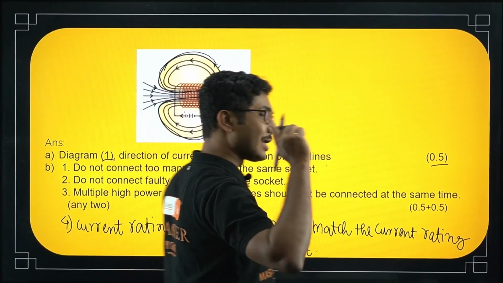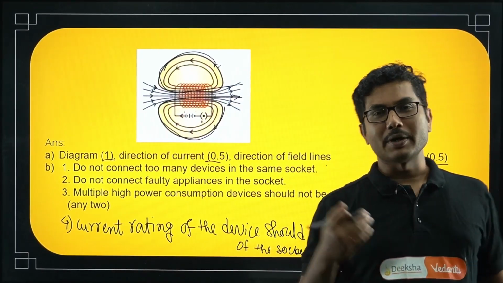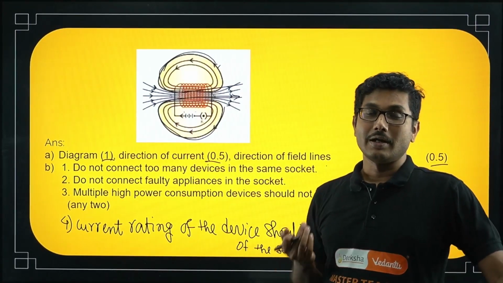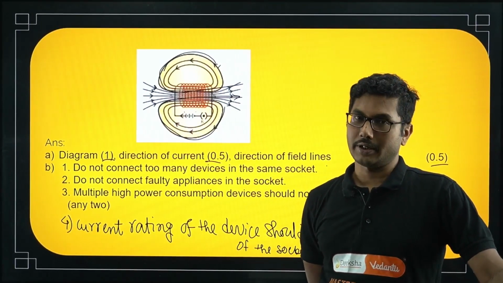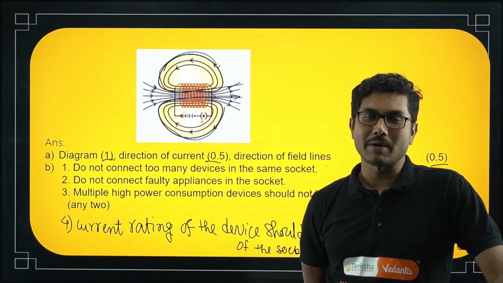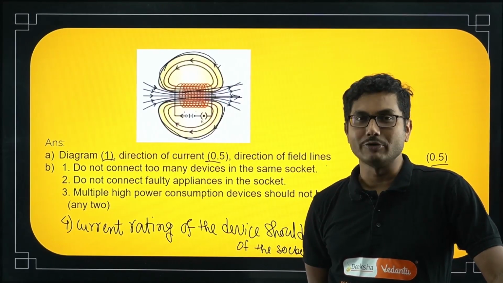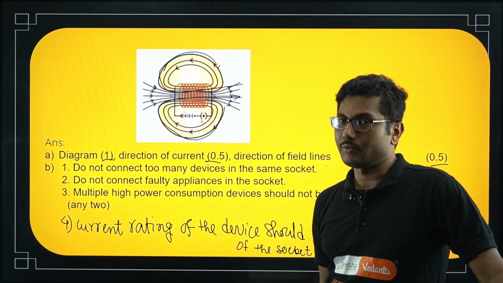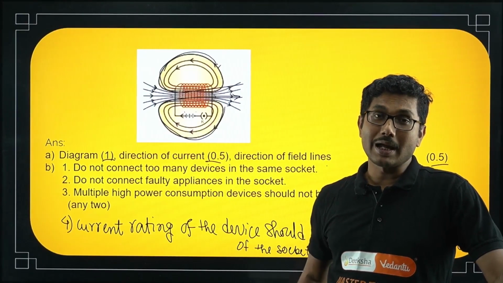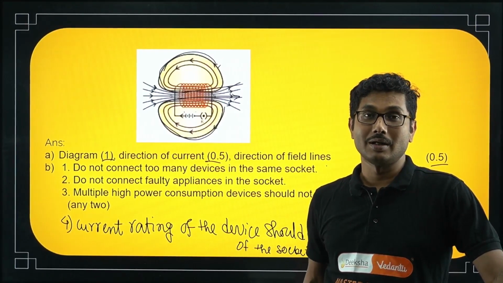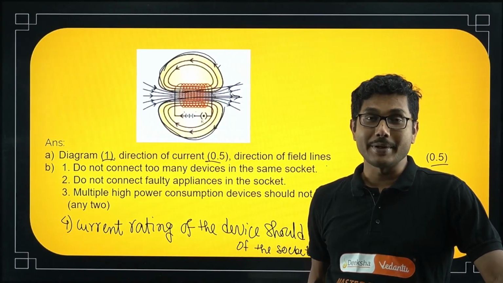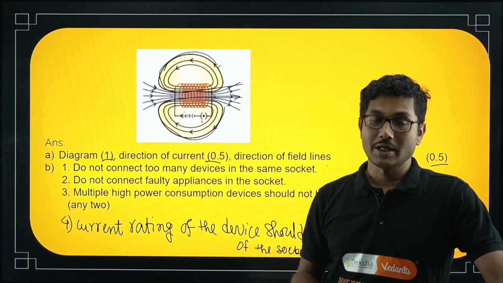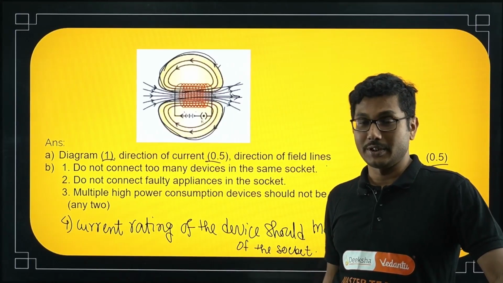Now you can connect a 5 ampere rated device into a 15 ampere rated socket, that is fine, because the highest current that the device is going to consume is 5 ampere only. So a 15 ampere socket may work for that, but you cannot plug a 15 ampere device into a 5 ampere socket. So vice versa is not possible, right?